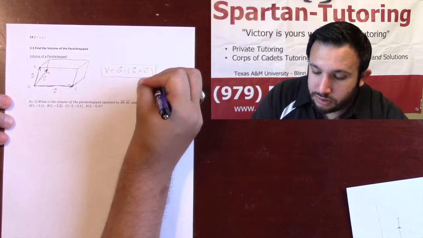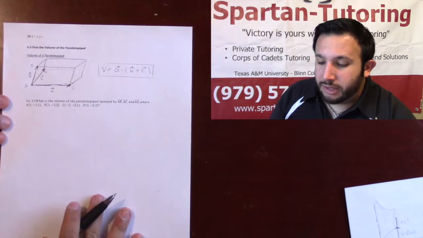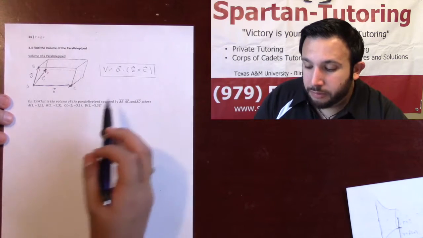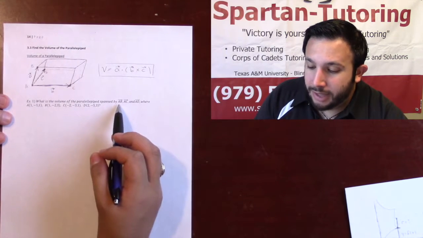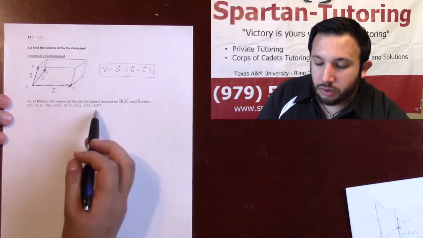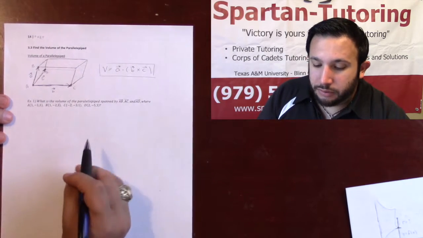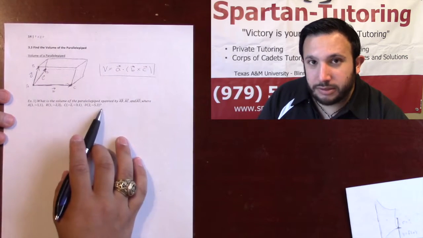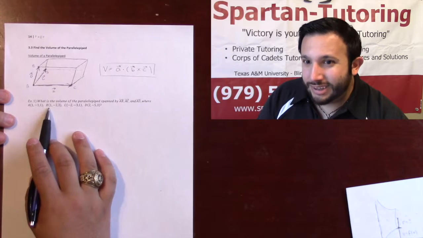Okay, so let's go ahead and take a look at this example right here. It says, what is the volume of the parallelepiped spanned by AB, AC, and AD, where these are your following 4 points. Now once again, please, please, please don't cross these points. These are points, not vectors.